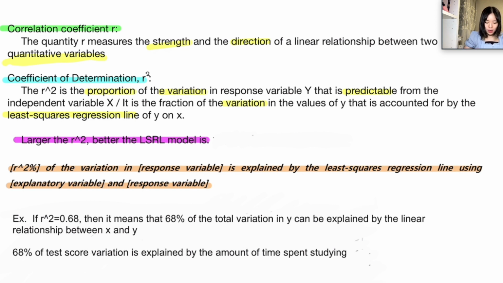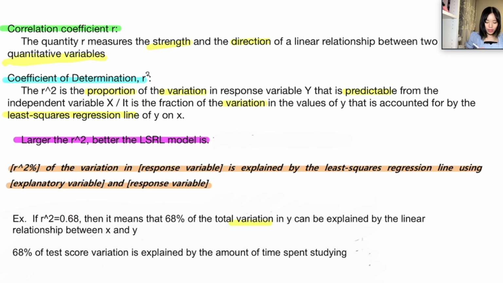Let's say the value of R square, or the coefficient of determination, is 0.68. Then it means that 68% of the total variation in y can be explained by the linear relationship between x and y. In the previous video, we looked at the example of the test score and the hours students spent studying for the exam.